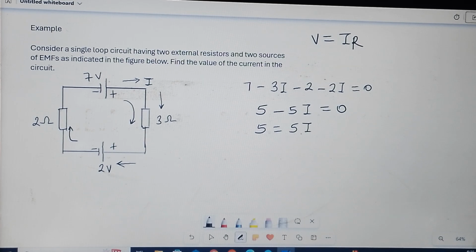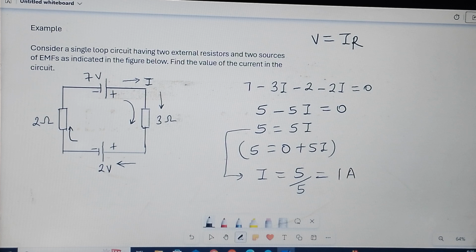Since you have 0 here, you say 5 is equal to, when this 5 crosses this equality sign, it becomes positive. So you have 0 plus 5I. So from this equation, we can see that I is equal to 5 all over 5, which is 1 ampere. So the current I in this circuit is 1 ampere.